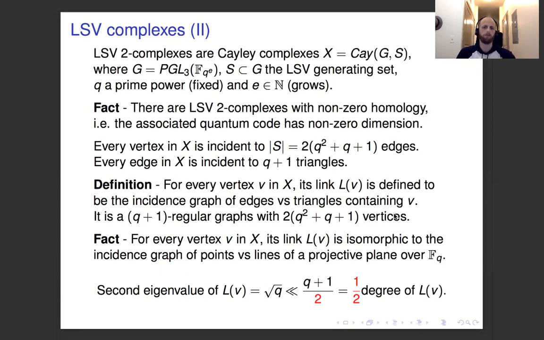And these graphs of points versus lines of the projective plane are excellent expander graphs. In fact, they are better than Ramanujan graphs. Well, they are not sparse if you think of q growing to infinity, but they do have an excellent expansion property. For instance, their second largest eigenvalue, which is square root of q, for q big enough but bounded, is much smaller than half of the degree of the link.